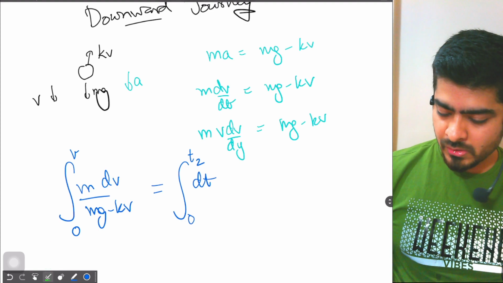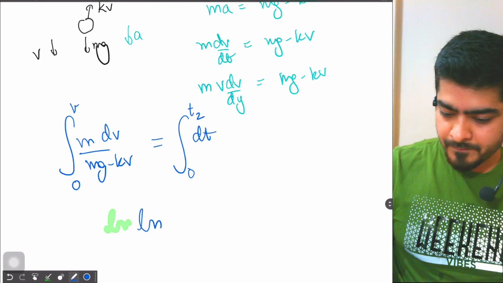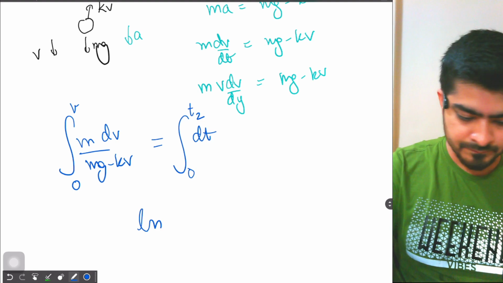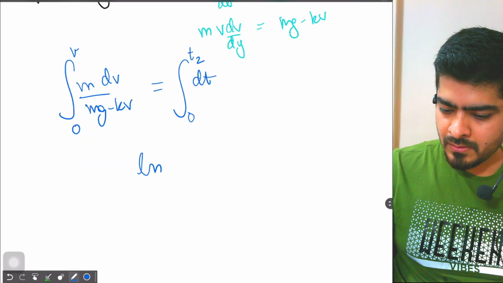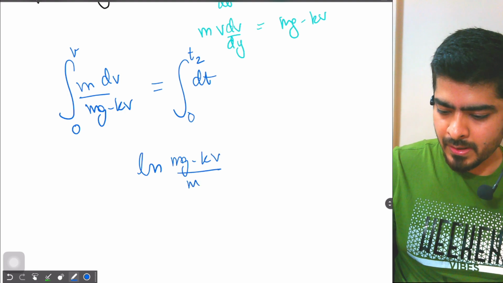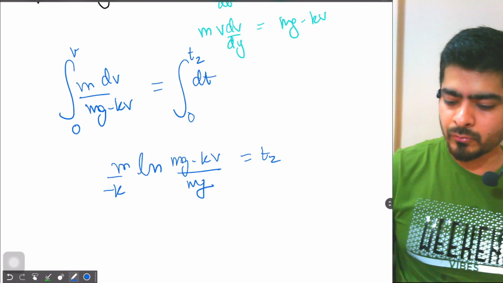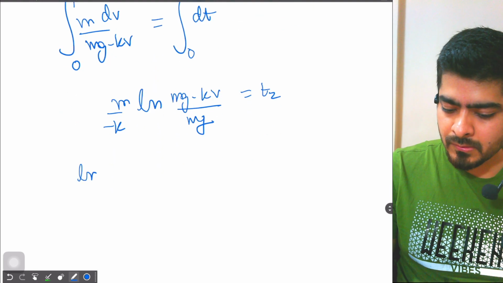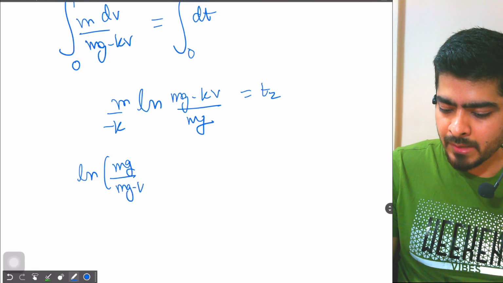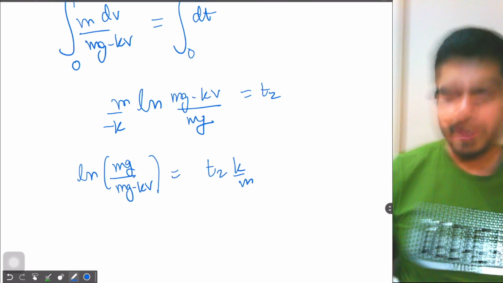So from here you will get ln (mg minus kv) divided by mg times m by minus k is equal to t2, or ln mg divided by (mg minus kv) is equal to t2 k divided by m.